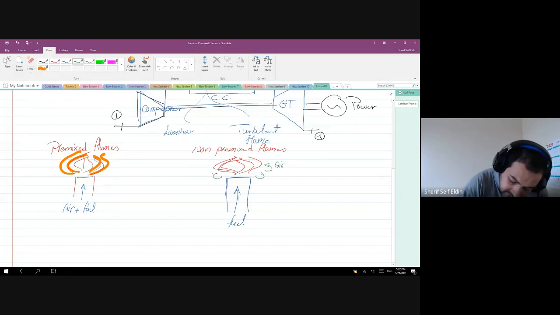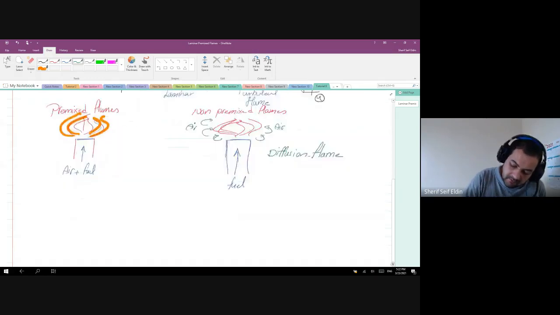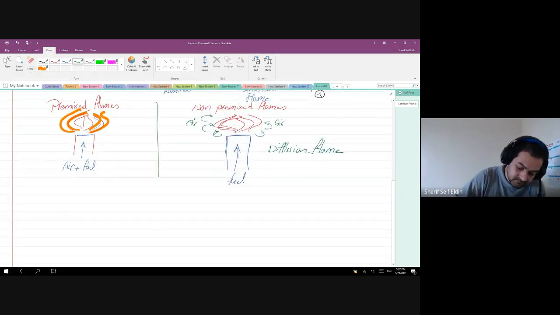So the green things here is air, right? Sometimes we call it a diffusion flame.